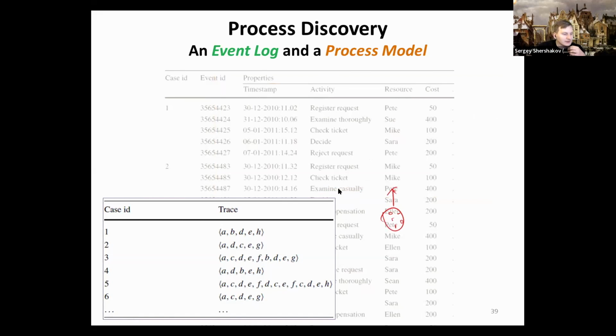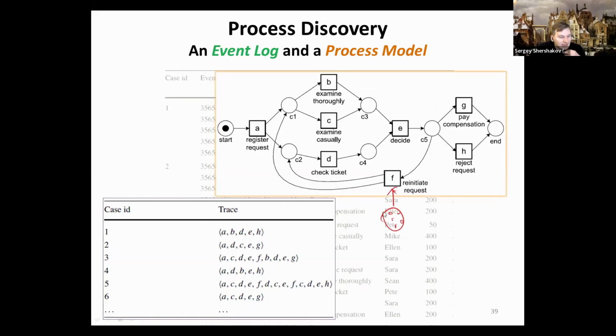What does it mean having 5 tokens here? It means that each time there is a chance for this transition to fire, not only a token from position C5 will be consumed, but also 1 token from this position. And finally we face the case when there are no more tokens in this position, and it means that we lock the ability for this transition to execute anymore.